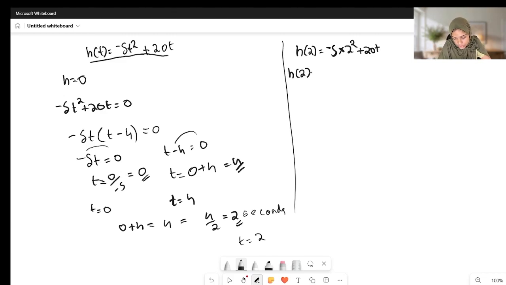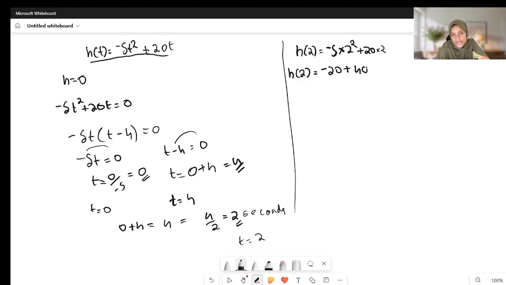So h(2) is equal to minus 5 into 2 square. 2 square is 4. Minus 5 into 4 is minus 20. Minus 20 plus 20 into 2, which is 40.